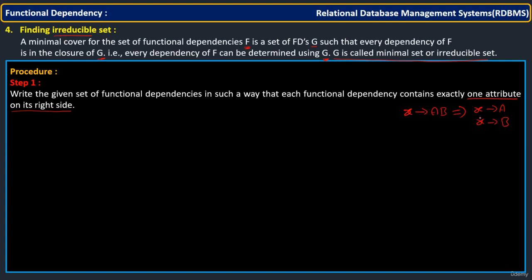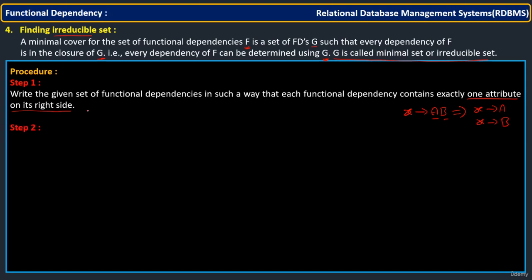That is what he is saying: on the RHS side, exactly one attribute must be there. Here there were two attributes, so we divided like this. However many attributes you have on the RHS side, that many FDs, individually, please try to write down.